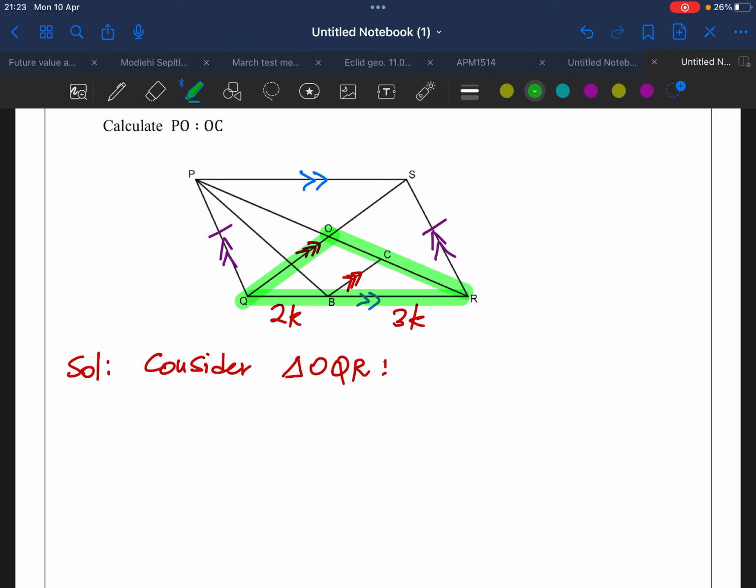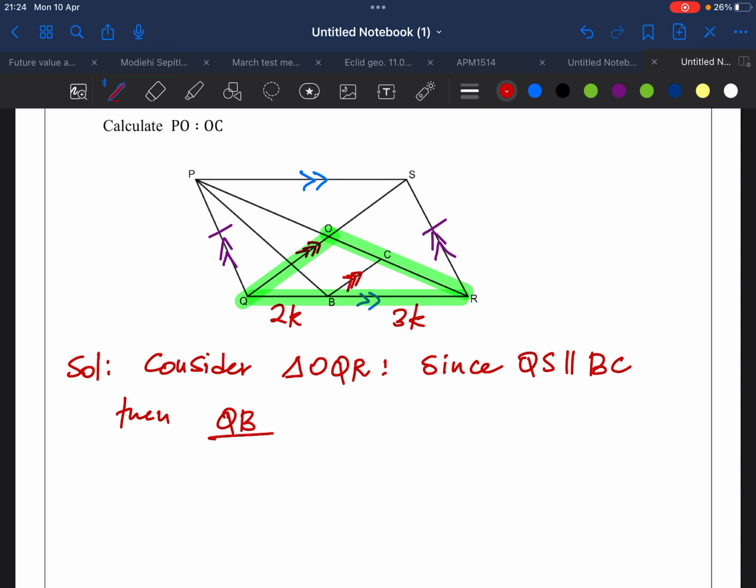Okay, so now I'm gonna say that since QS is parallel to BC, then QB over BR is equivalent to OC over CR there.